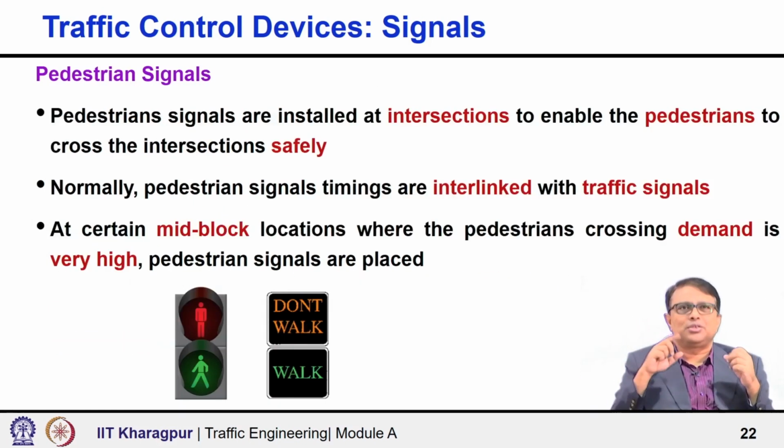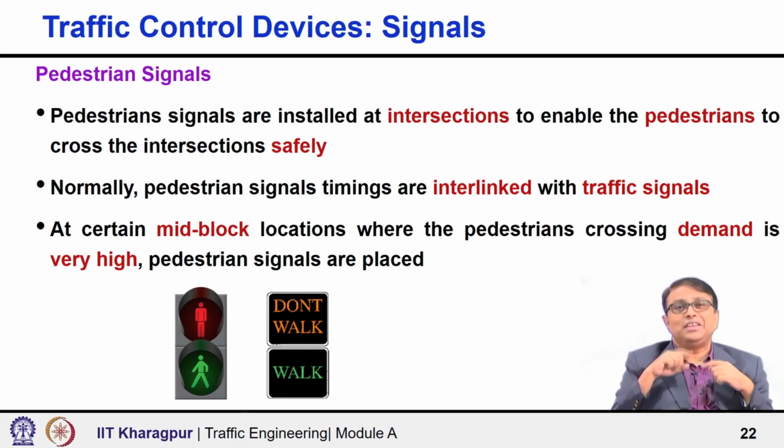The second one is basically for pedestrians, particularly to regulate the movement of pedestrians safely. You can see the pedestrian green and pedestrian red. When you see the pedestrian green, you should cross comfortably, and when it is red, that means you are not supposed to walk.